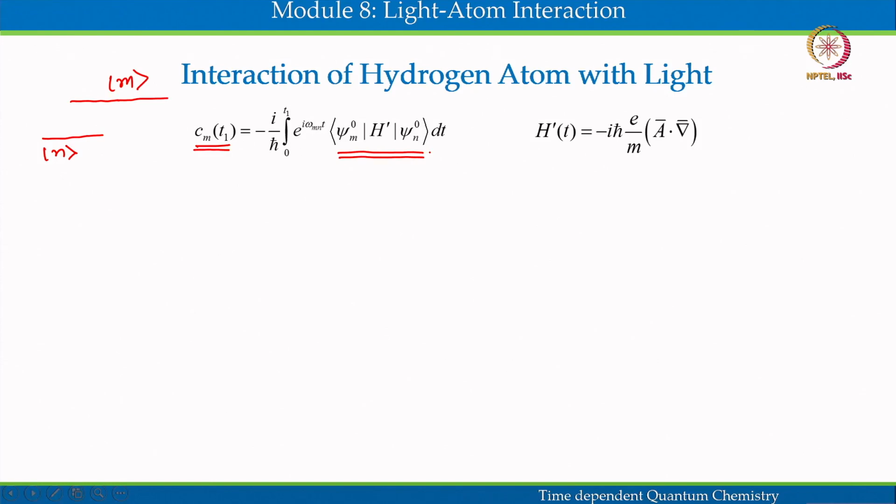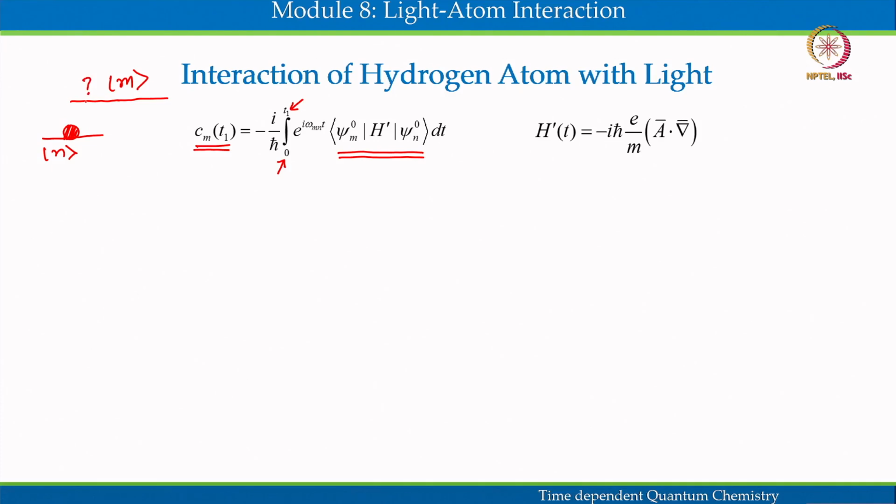When the system is undergoing the transition, we will assume that the perturbation started, which means the light matter interaction or light atom interaction started at t equals 0, ended at t equals T1, and immediately after we turn off the perturbation, we would like to know what is the population. So, we started with the population in the n state, and after this interaction, what is the population in the m state? That is exactly what we are trying to find out here.